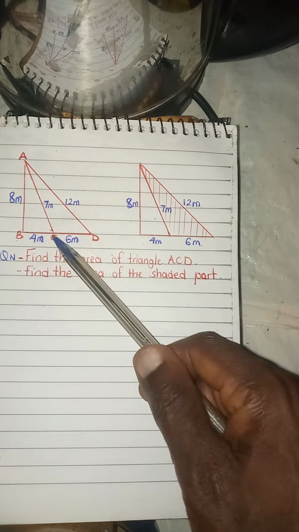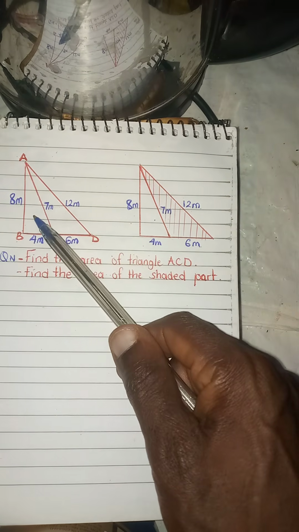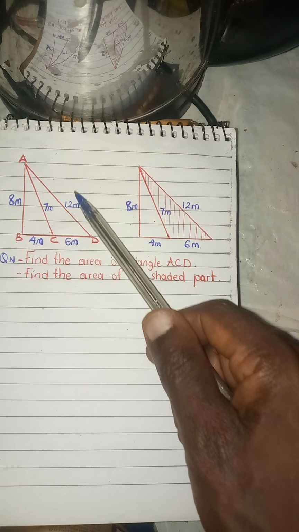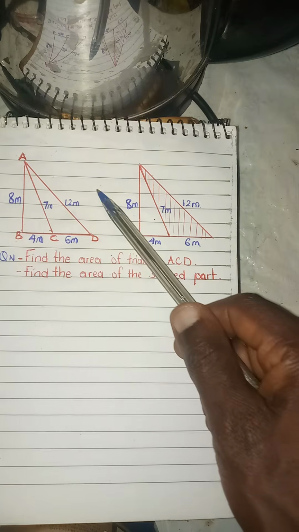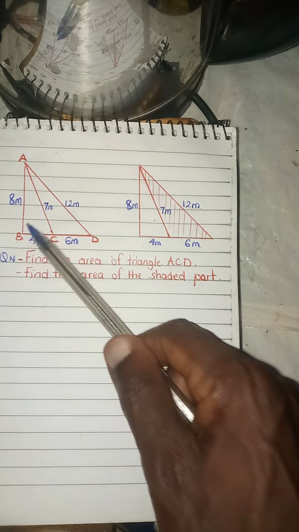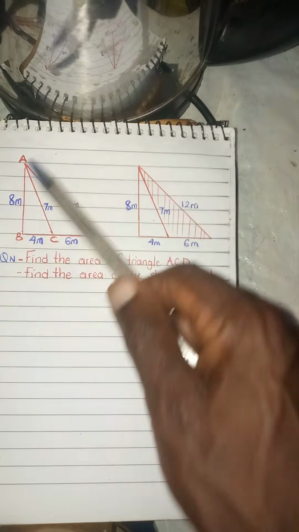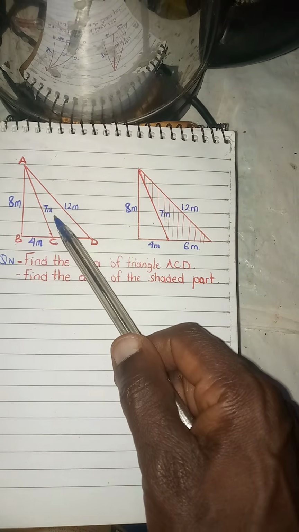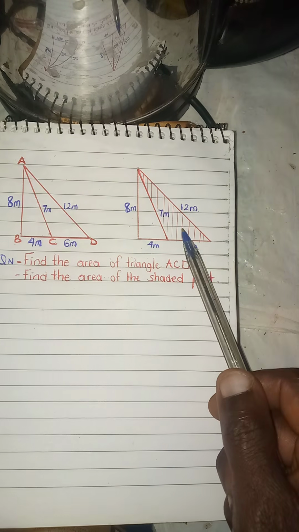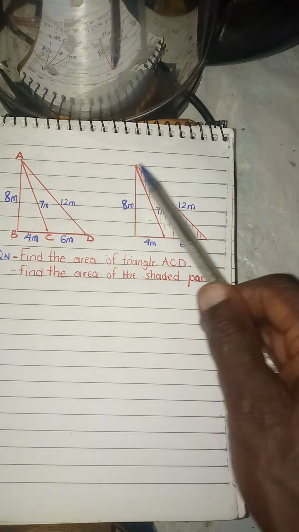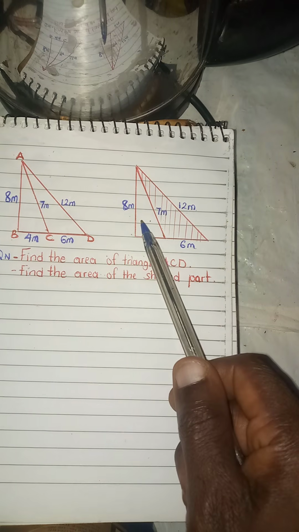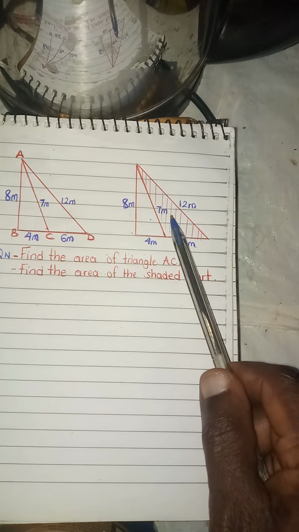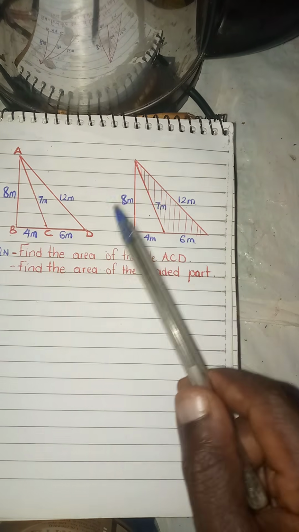Then you subtract the area of the inner triangle from the area of the outer triangle, and you remain with the area of the shaded part here. That was the method I gave.